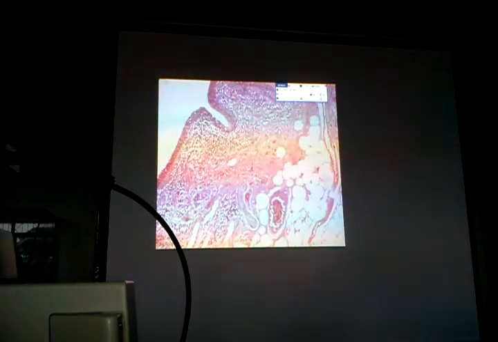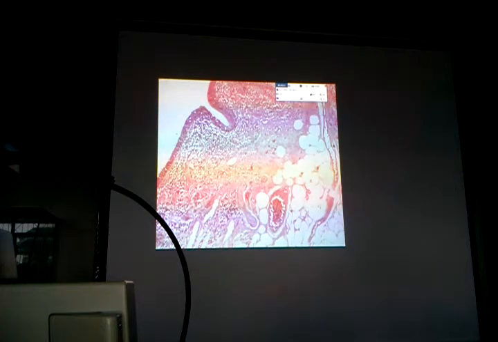So, the smooth muscle fibers are already replaced by, how will you call that pointed tissue? Fibrous connective tissue or fibrosis. That is now the microscopic appearance of a scar. So, supposedly, there should be smooth muscle fibers and mucous glands in that portion of the bronchial wall. They are already replaced by chronic inflammation and fibrosis.